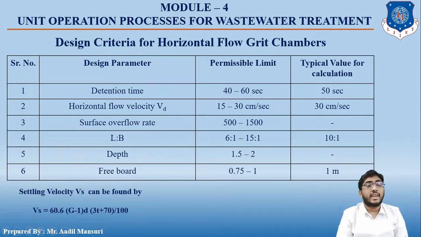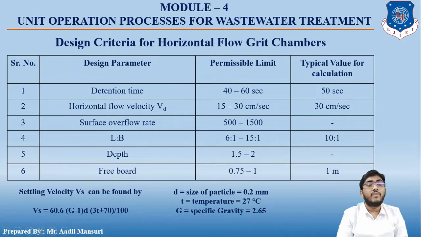Next is settling velocity, which can be found by the formula Vs = 60.6 (G − 1) d (3T + 70)/100, where Vs is the settling velocity, d is the size of particle, which is usually 0.2 mm, T is the temperature, and that has to be 27 degrees centigrade, and G is the specific gravity, which is 2.65.